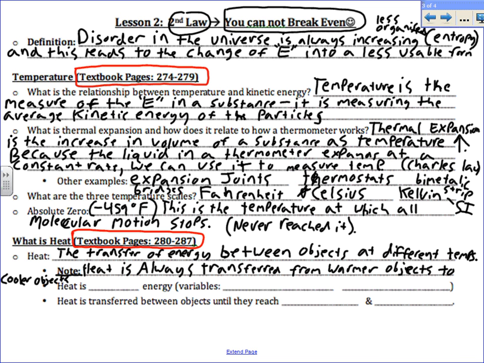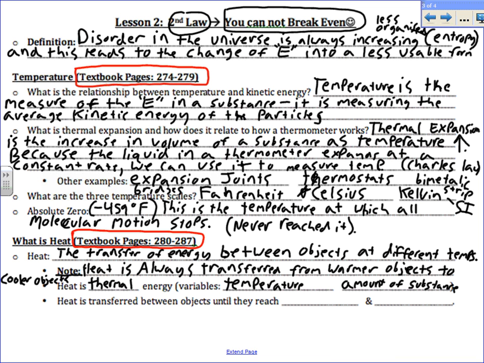The heat is leaving into cooler objects. Heat is thermal energy, and we talked about thermal energy in lesson 1. The variables of thermal energy are temperature and the amount of substance. So if you have a small bowl of soup and a huge pan of soup, there's going to be more thermal energy in the huge pan of soup because there's more of that substance. Okay?